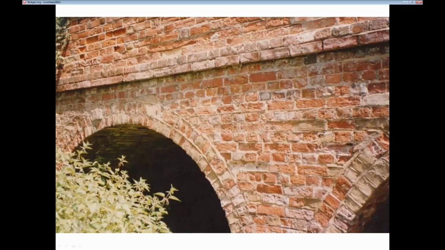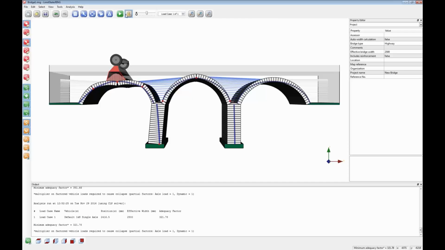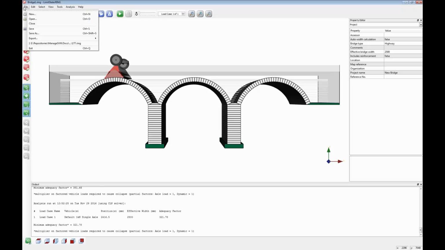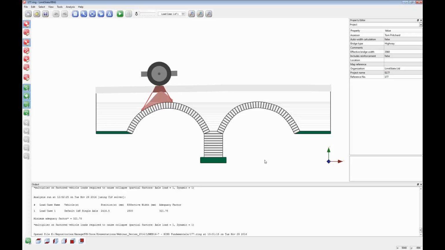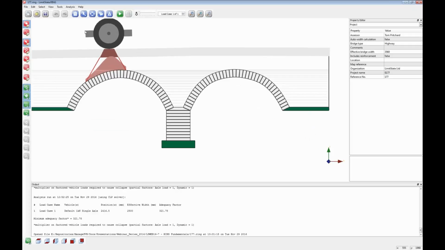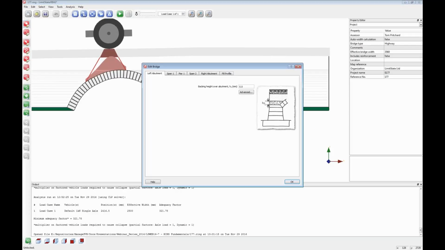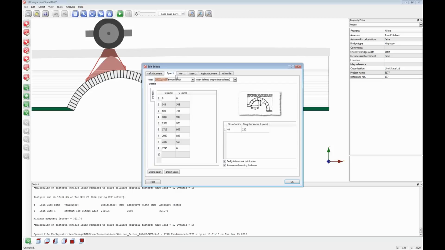What I've got is a model of the structure which takes account of the real shape of the arches. So if I go to the geometry tab, what I can see is I've actually used a user-defined interpolated shape, and I've entered a series of points for span 1, and similarly I've entered a different series of points for span 2.